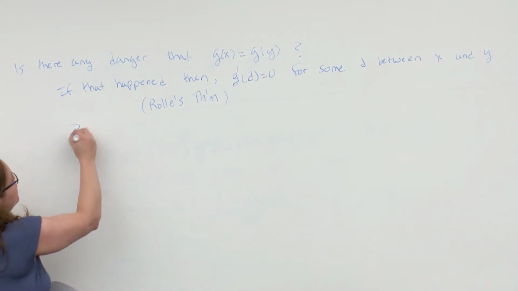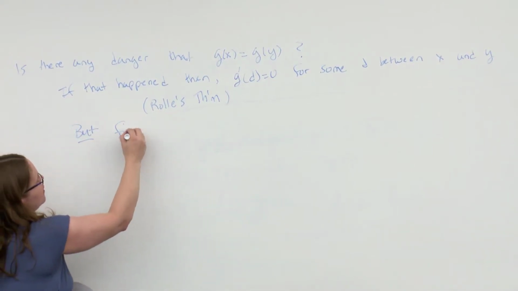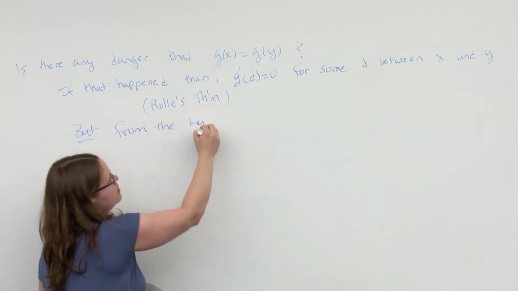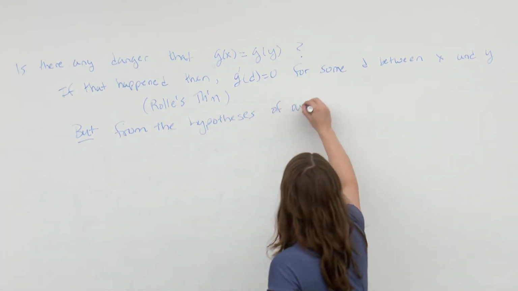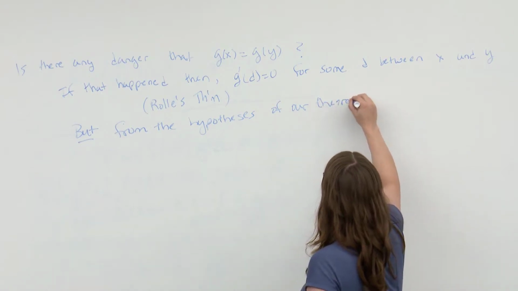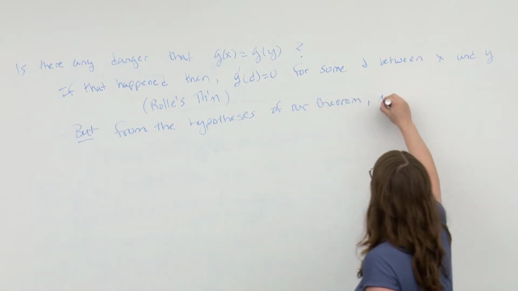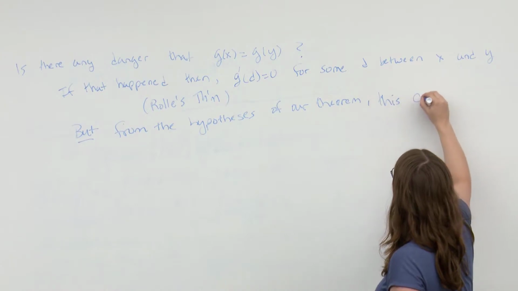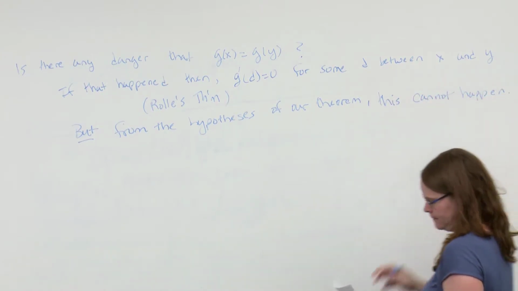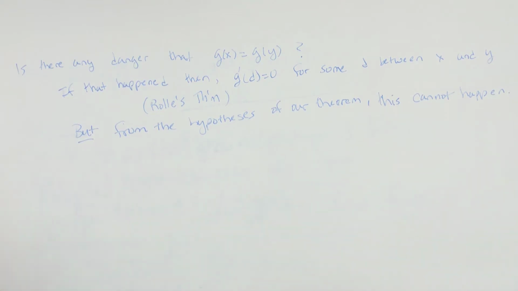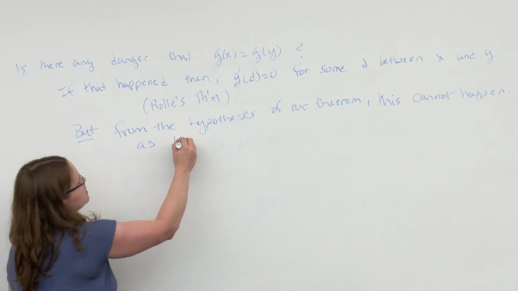So we say, but from the hypothesis of our theorem, okay, this can't happen, at least as long as delta is small enough. So this cannot happen as long as delta is small enough.